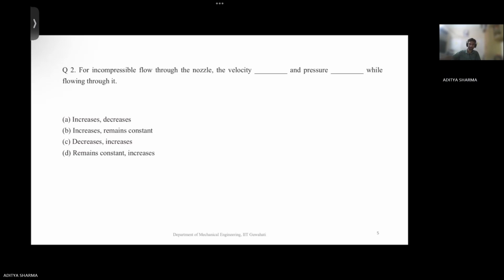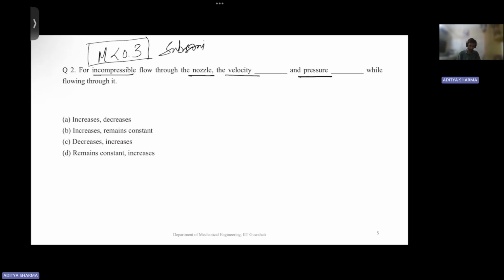So the question says first incompressible, then nozzle, then asks what happens to velocity and what happens to pressure. If it is incompressible, then Mach is less than 0.3 for air, which means this is subsonic.